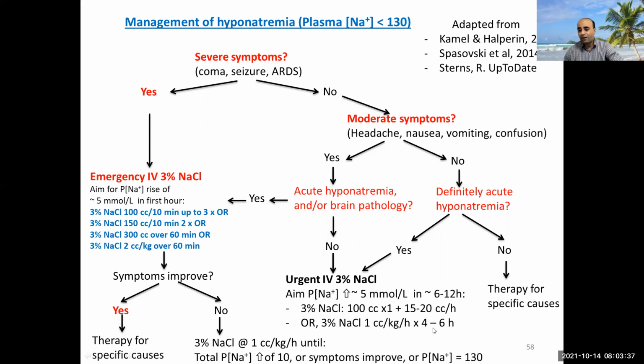But you need careful monitoring. Our target, as I mentioned before and will mention in the next slide, in a high-risk patient is just 6 millimole per 24 hours, and in a low-risk patient a maximum of 8 to 10 millimole per day.